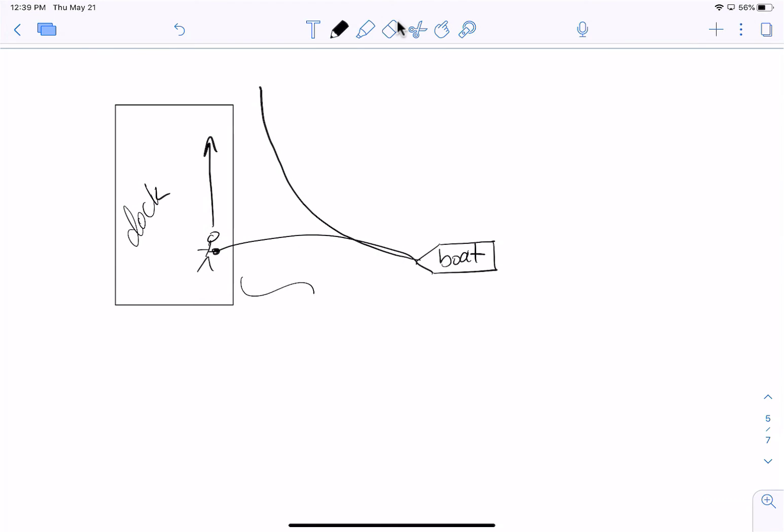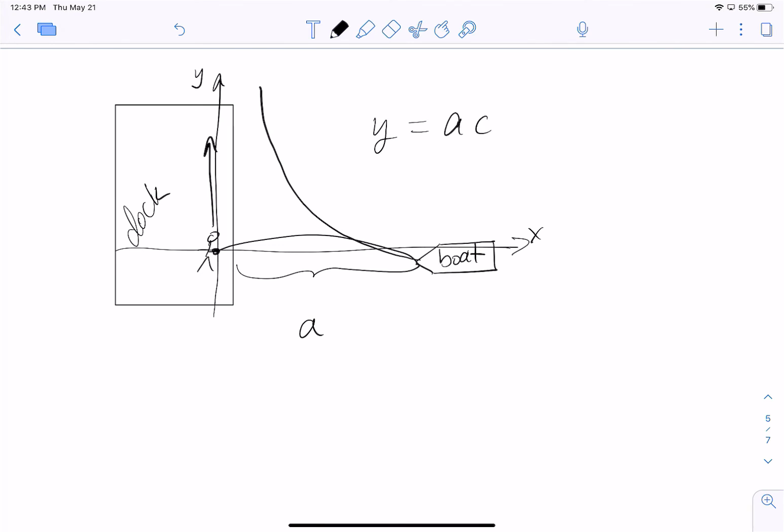If a is the distance between the boat and the dock, the initial distance, if we imagine x and y axes that follow the path of the boat and the person walking along the dock, then the path of the boat can be described by an equation. y equals a times the inverse hyperbolic secant of x over a minus the square root of a squared minus x squared.